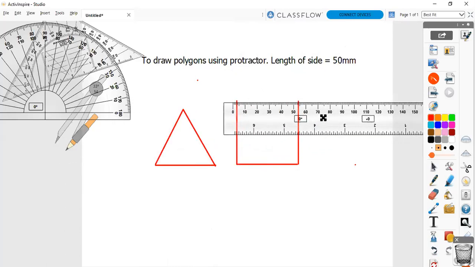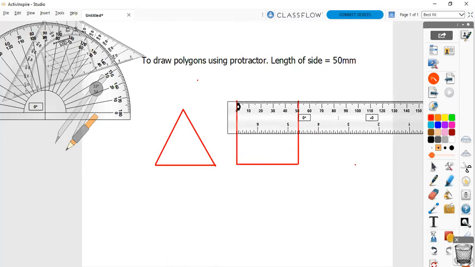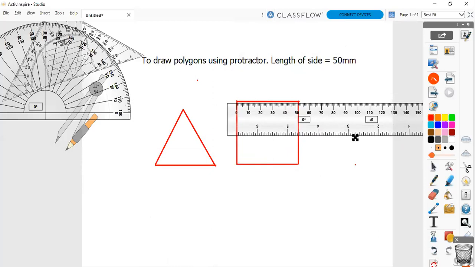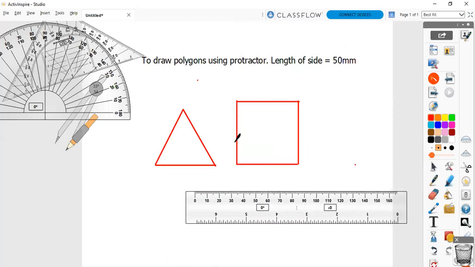Now join these two lines, again which is at a distance of 50. So this is one polygon which has four different sides.